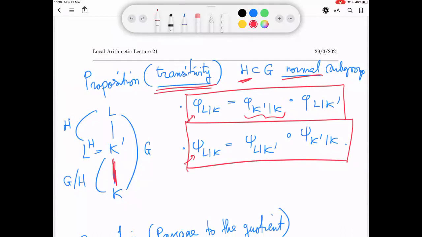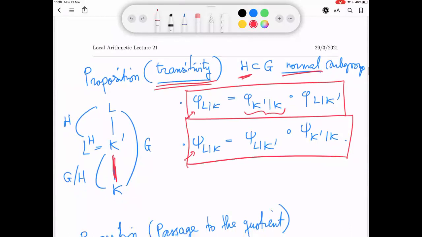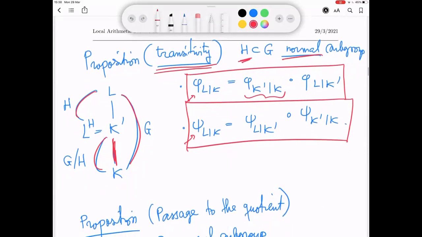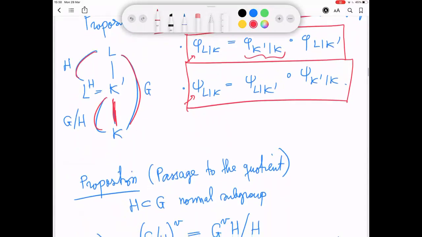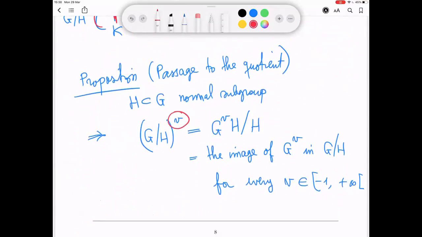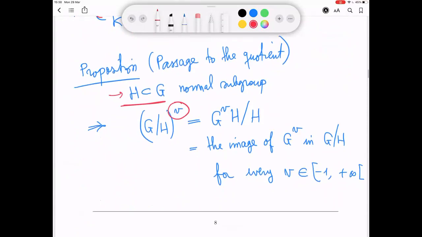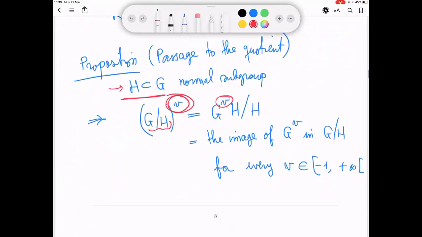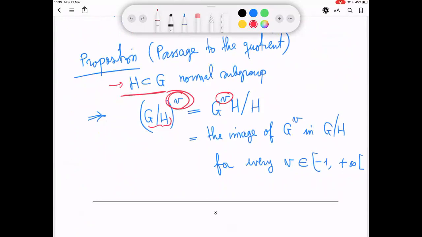When H is a normal subgroup, here the group is H, here the group is G modulo H, and the whole group is, of course, G. The second thing, this is the sense in which the upper numbering is good for the passage to the quotient. Whenever I have a normal subgroup H of G, the upper numbering on the quotient is obtained from the upper numbering on the group G itself by the passage to the quotient.